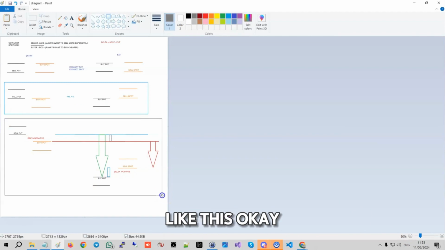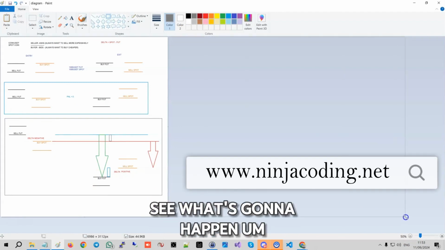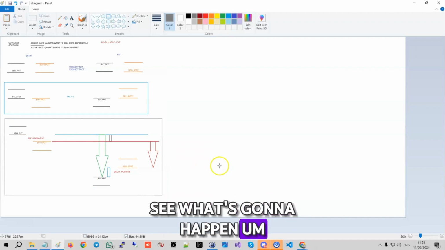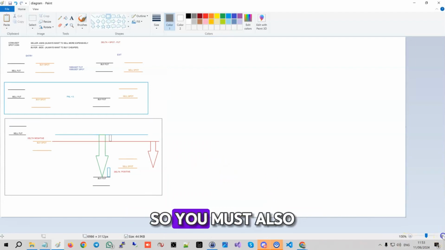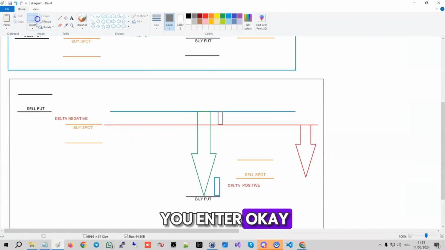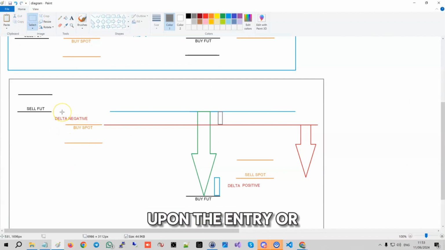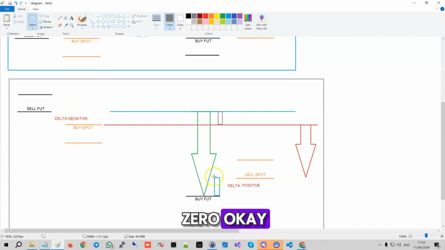Now let's see what's going to happen on the other side. You must also understand, if you enter when delta is either negative upon entry, or delta is zero, then you'll make a profit here when the delta is positive.